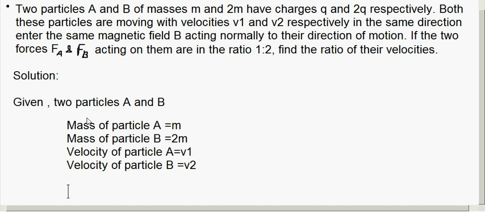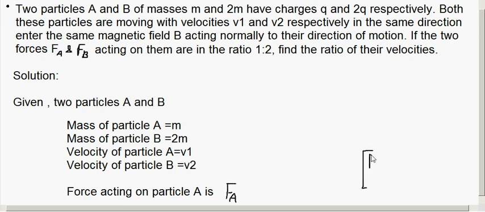Now force acting on particle A is, we know in the presence of a magnetic field, the force on a moving charge is given by F is qvB sin theta.